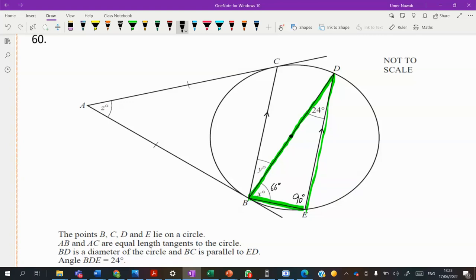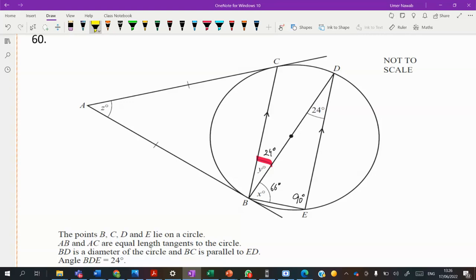Now, using the parallel line concept, which is called a Z concept, this angle must be the same as this. This is 24. Now, after finding y and x, I have to find z.